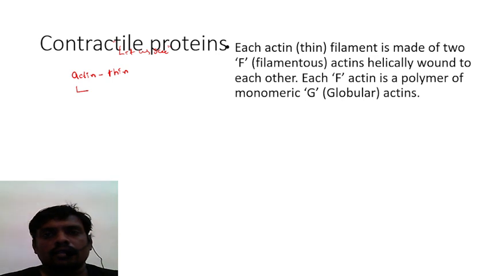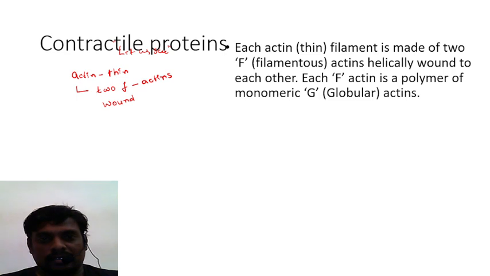Actin is a thin filament which is made up of two F or filamentous actins that are helically wound to each other.